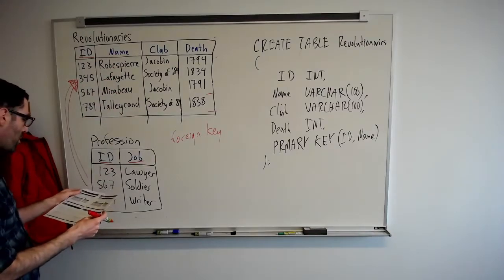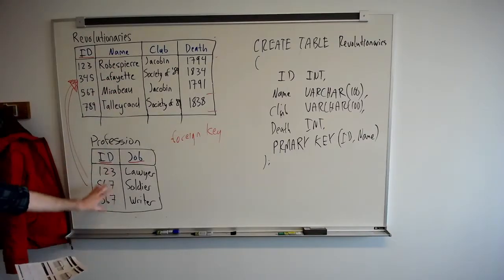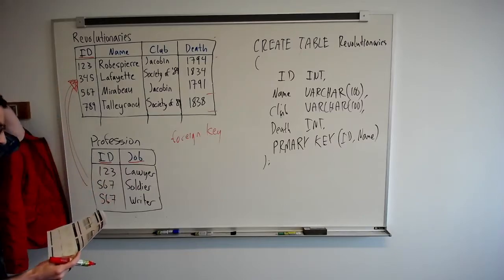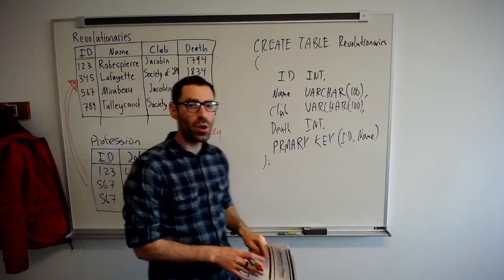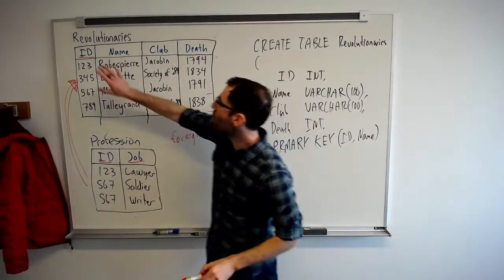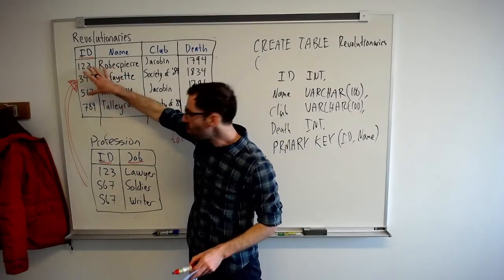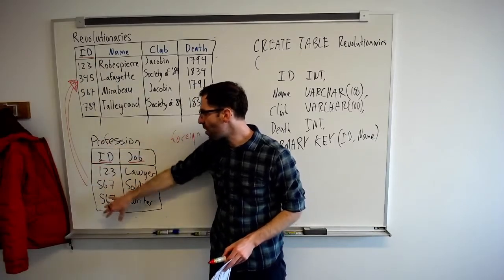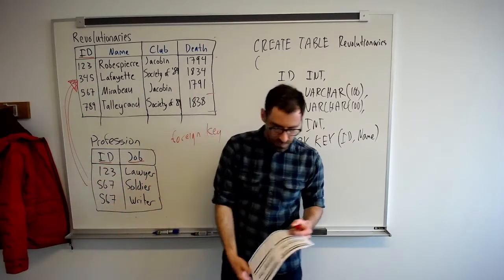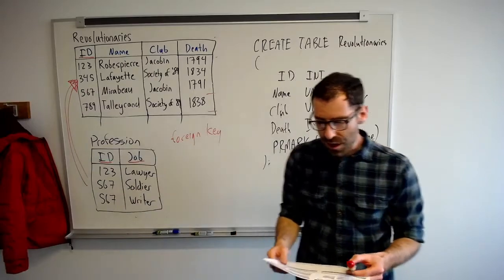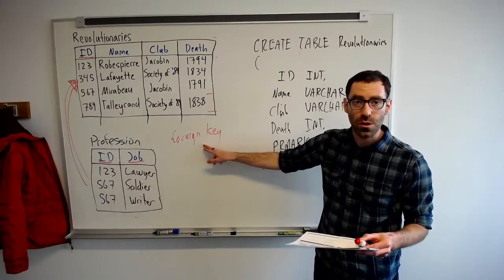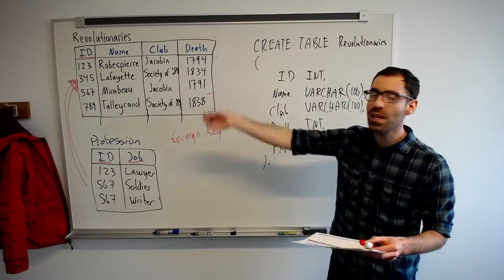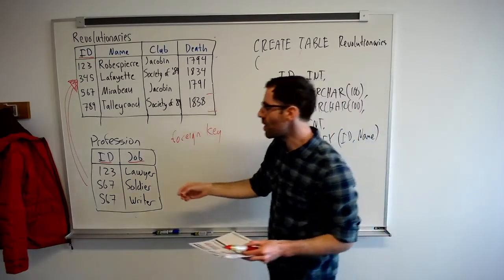with the foreign key of ID, and it's worth considering, well, could this go the other direction? Could ID in revolutionaries reference ID in profession? That would not follow our definition of a foreign key as an attribute that uniquely identifies a tuple in another table.